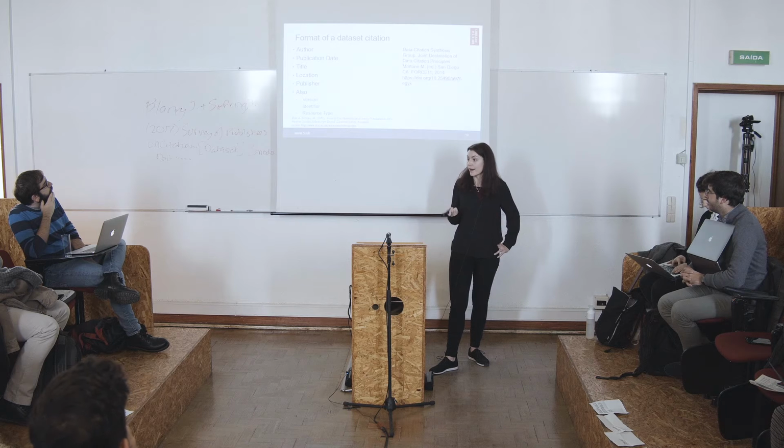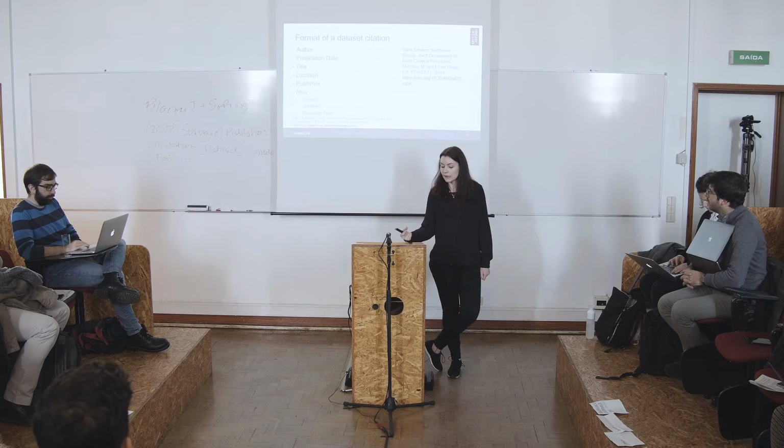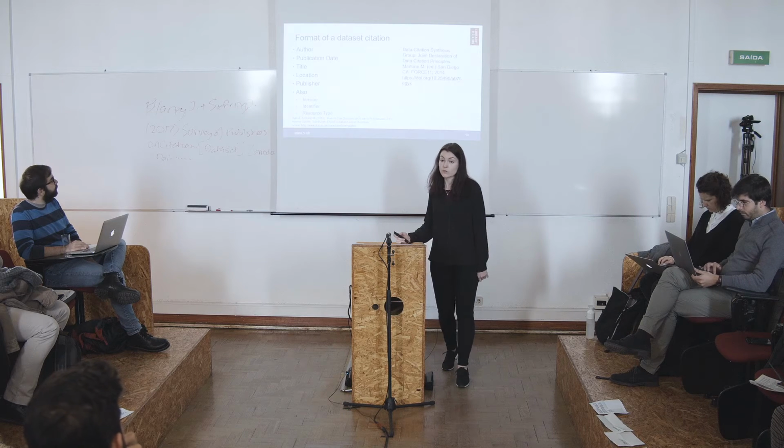That's something you have to state definitively. The others are author, publication date, title, publisher, which if it's an institutional repository would be the institution's name, and resource type. And some repositories require a description as well.